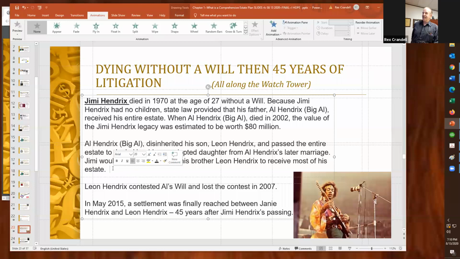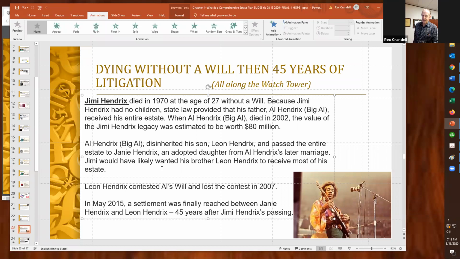One of my favorite artists, Jimi Hendrix, died in 1970 at age 27 and did not have a will. He probably would have wanted his brother, Leon, to receive part of his estate and perhaps his dad. What happened was his dad, Al Hendrix, I call him Big Al, received his entire estate. Then Big Al got remarried, adopted another child, Janie Hendrix, and when Big Al died, all the money was destined for Janie.